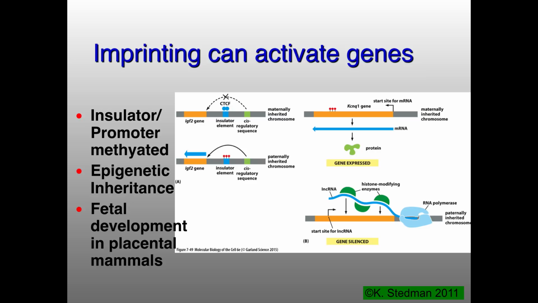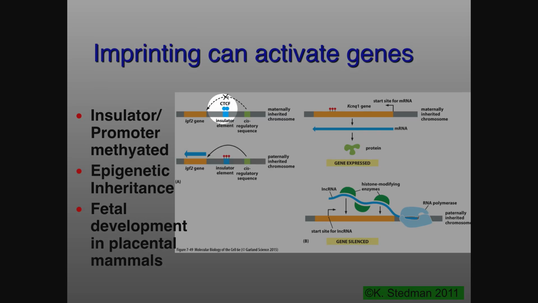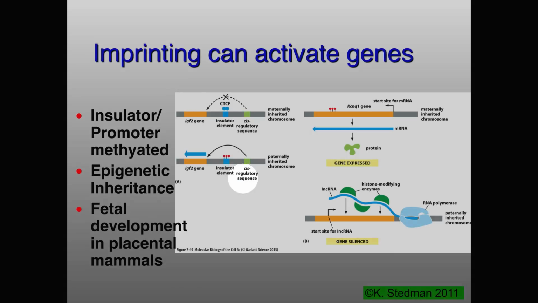But the idea here is, again, if you've got methylation of a particular sequence, then you change what proteins are going to be associated with that sequence. And so here we have an insulator element. This insulator element normally is going to function if we have binding to that. It'll block activation across this insulator. However, if it's methylated, you don't get binding. The insulator doesn't work.